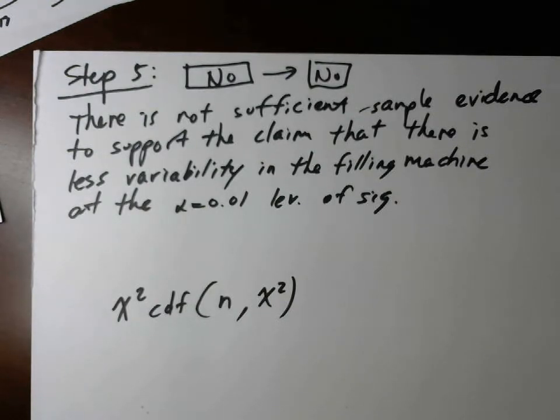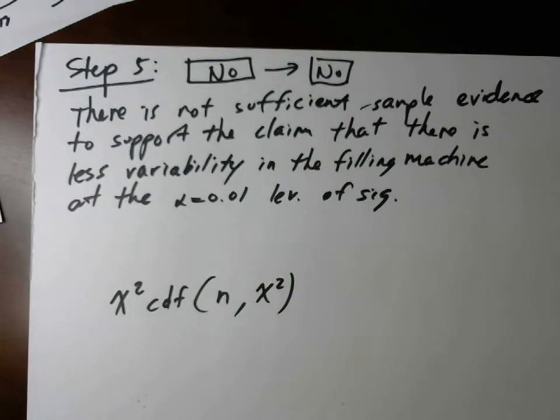CDF, cumulative distribution function, is usually area to the left. So if you're doing a right tail test, you would probably want to do the complement of whatever this gives you. I'm not 100% sure off the top of my head, so I'll have to look that up and get back to you on that. Maybe on the next video, or we can talk about this in the discussion, and I'll probably just email you guys about it.